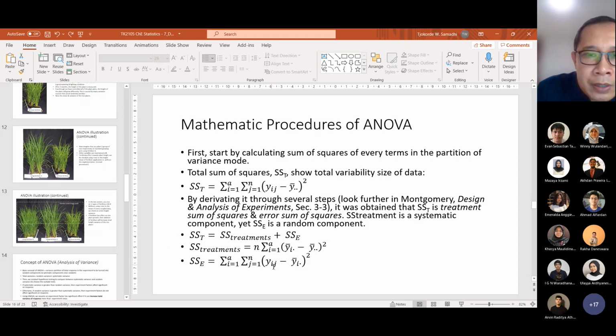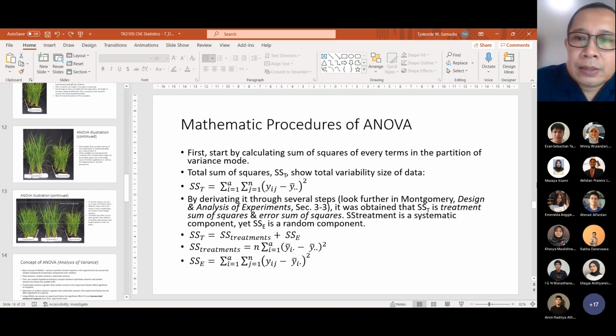So for example, this would be the difference of height of one piece of rice paddy plant against the average height within that sample. Okay, this one here. I think that's pretty clear. And then you sum up this difference for all of your measurement data, and you will get the error sum of squares.